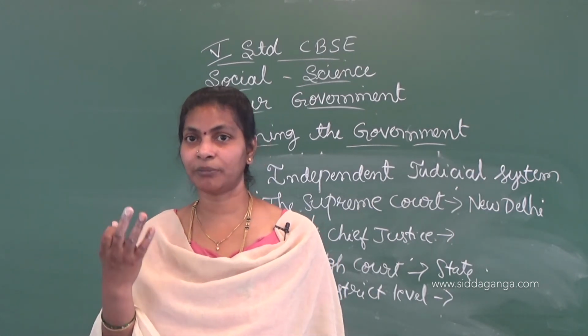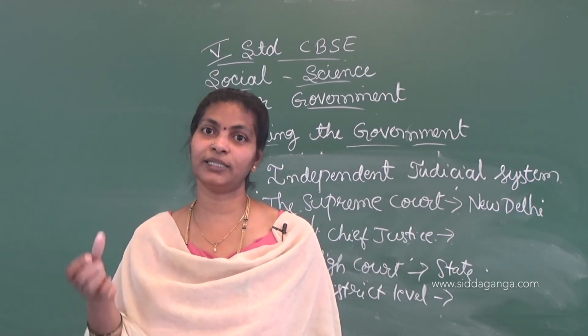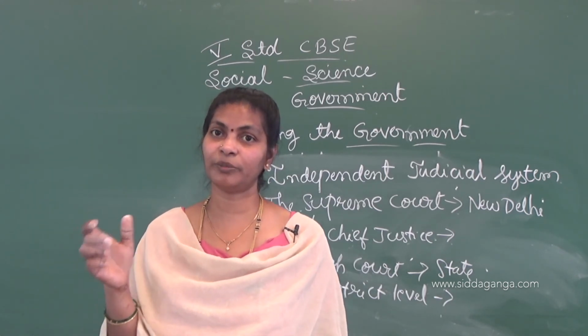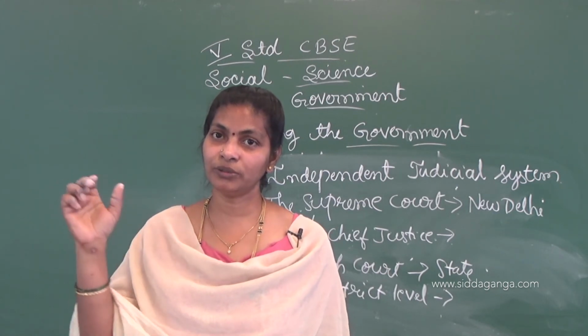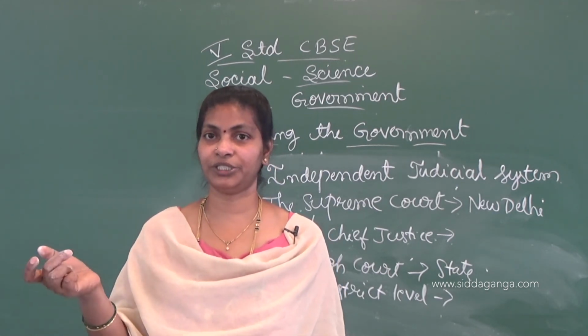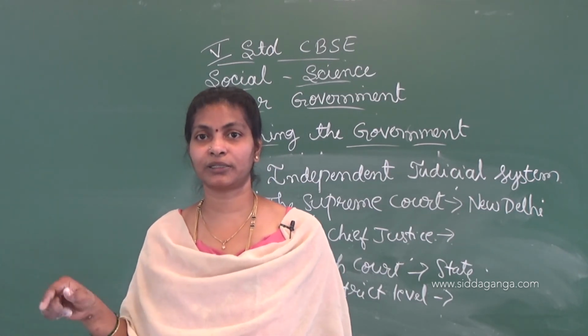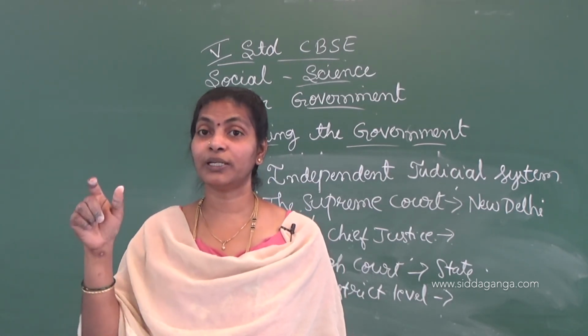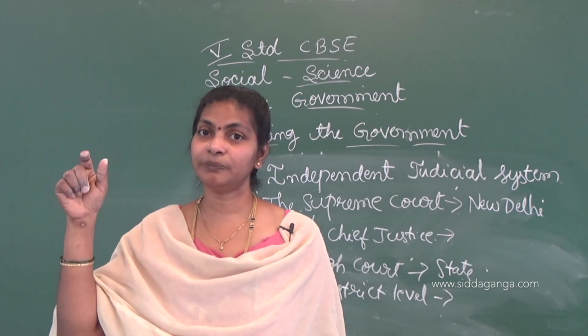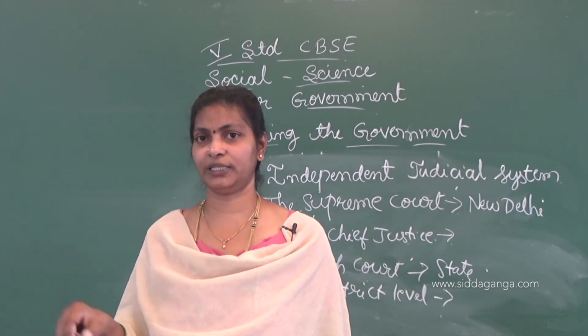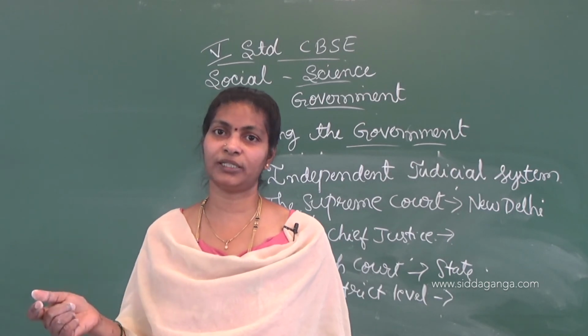The matters that come under the central list, the central government has the power to form rules and regulations on. The matters that are in the state list, the state government has the authority to pass rules and regulations on.